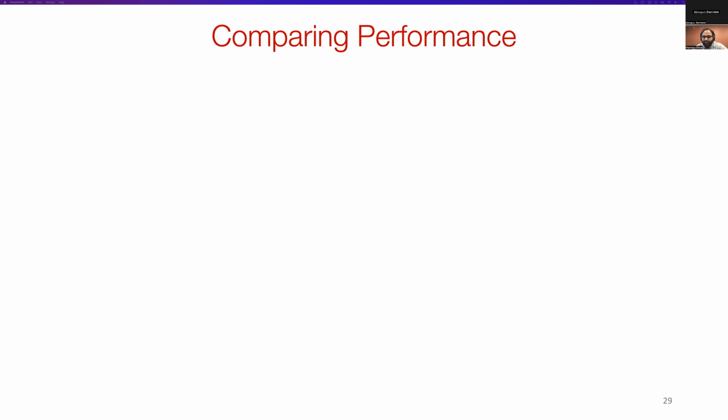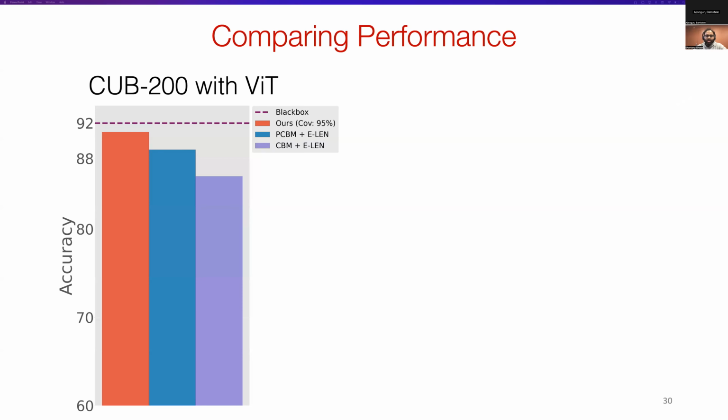Now, if we compare the performance, in this plot the y-axis is the accuracy and the x-axis shows the different models. Here, first the black box is trained with a vision transformer for the top 200 classes, and it attains 92% accuracy, which is indicated by this line plot.